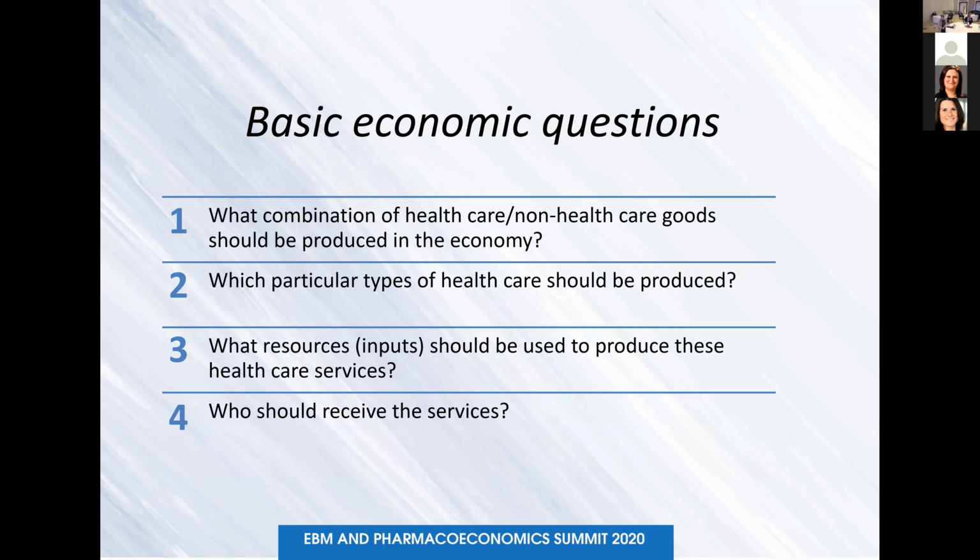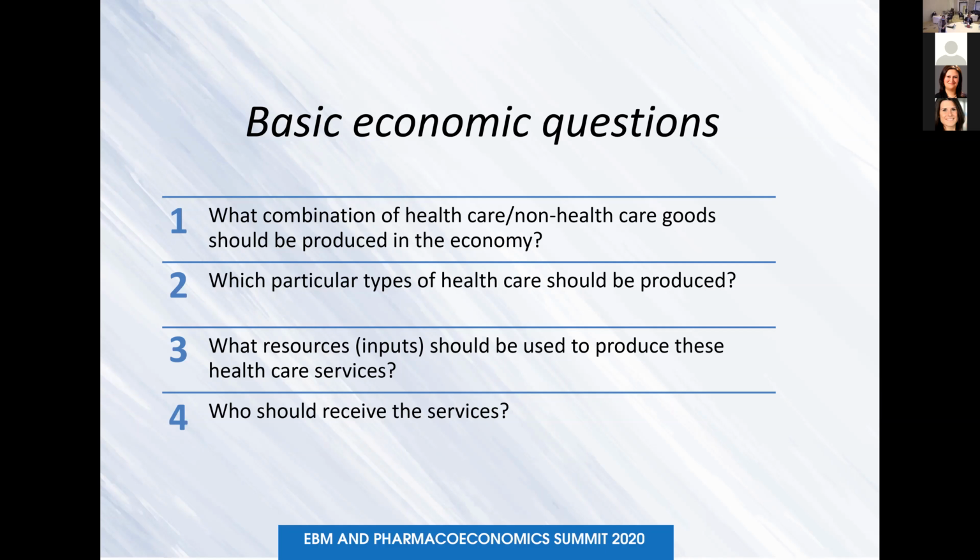Should we invest more in prevention, for example, in diagnosis, in vaccination, in treatment of diseases, end-of-life care? And then what resources in terms of inputs should be used to produce these healthcare services? Should we employ more staff? Should we buy more drugs? Should we get more technological devices and robots, for example?